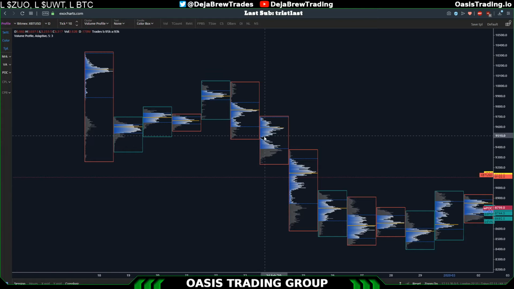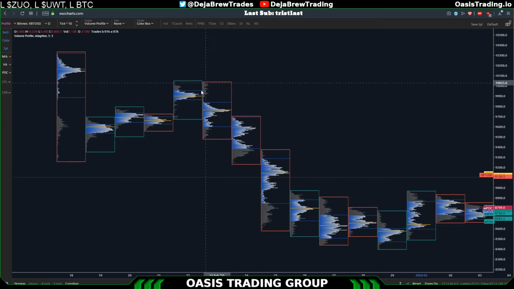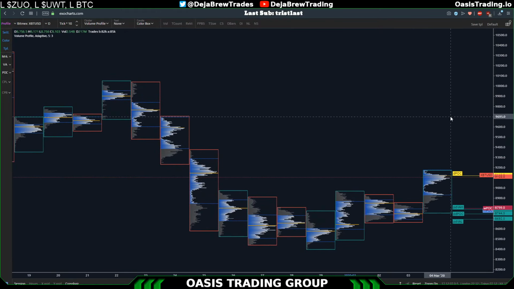So if we're looking at this previous range here, this 1, 2, 3, 4, 5, 6, 7, about 7 days of price action, you want to start looking at where was the value during that 7 days. And basically it looks like most of the value is around 96. You have a little bit of value around like 94, but it seems like most of the value is around 96. Okay? So if volume continues upward here and the bulls keep pushing it higher, these value areas around 96 are where you're going to find resistance.